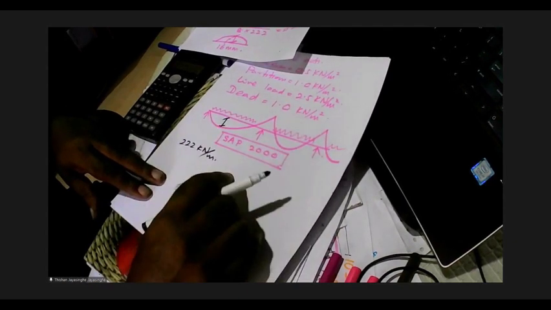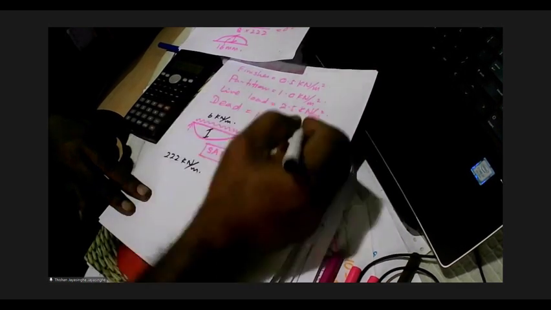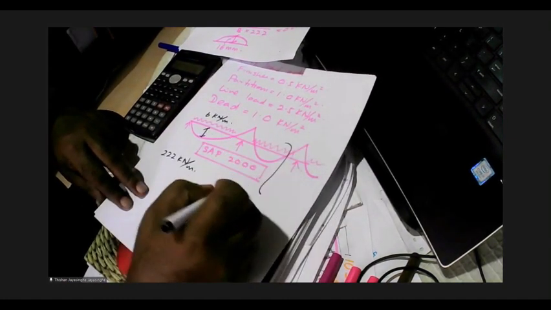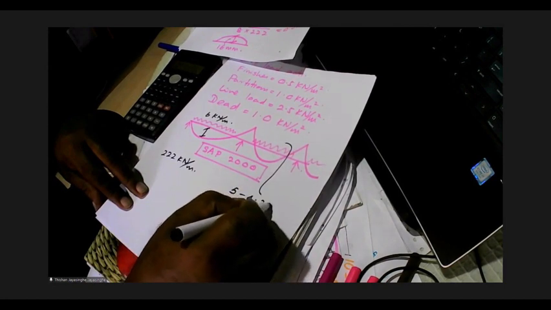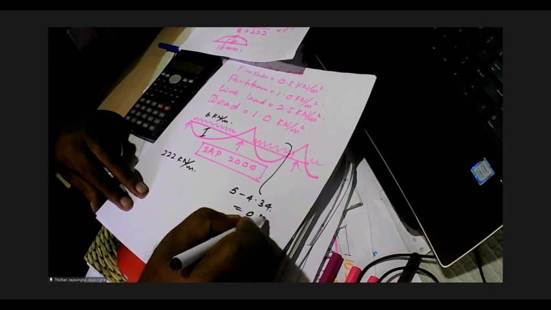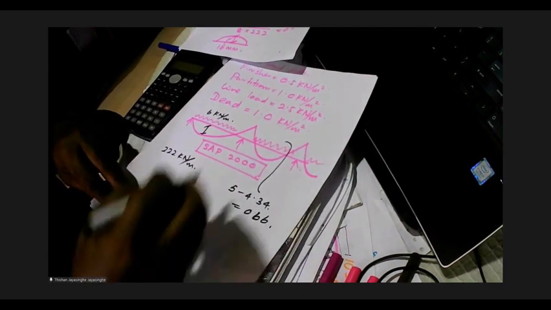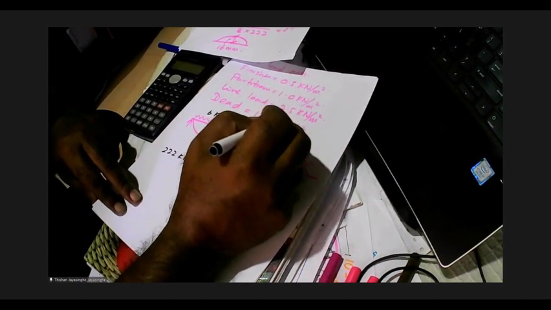So we find these bending moments for a load of about 6 kilonewtons per meter here, and here you will get a load of 5 minus 4.34, which is equal to 0.66. So here you get 3.54 to 3.54.